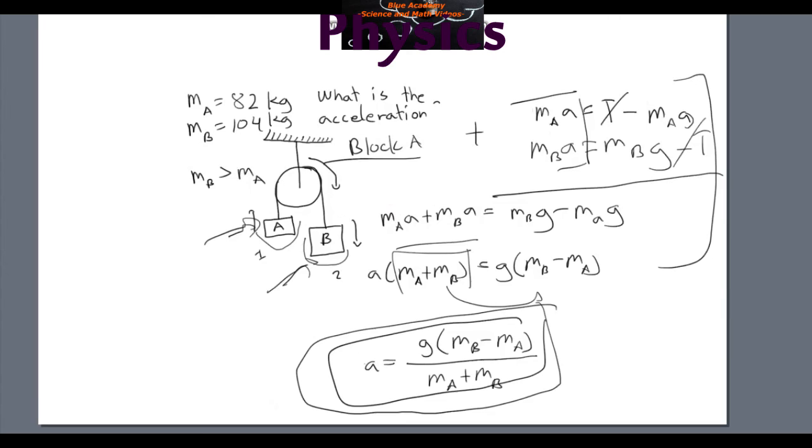So in this case, we have the equation for the acceleration, and we are going to substitute all the constants. By the way, gravity here is equal to 9.81 meters per second squared. Note that m_b minus m_a, that's 104 minus 82 kilograms, which gives us 22 kilograms.